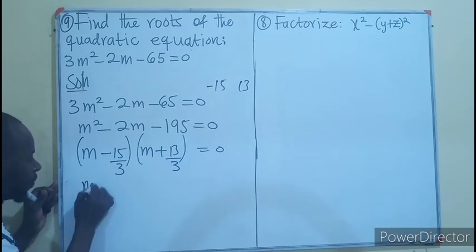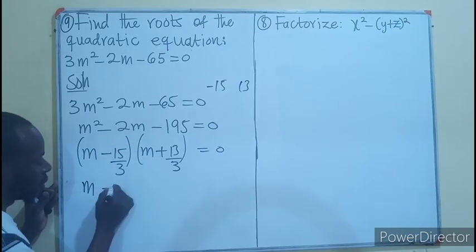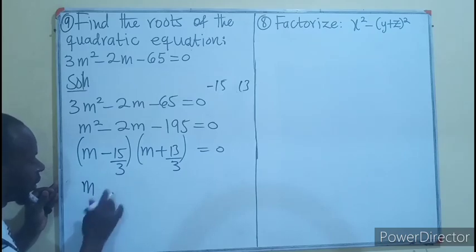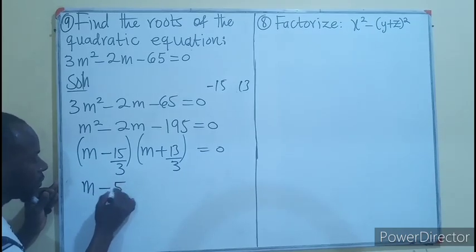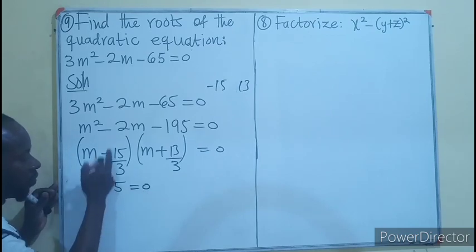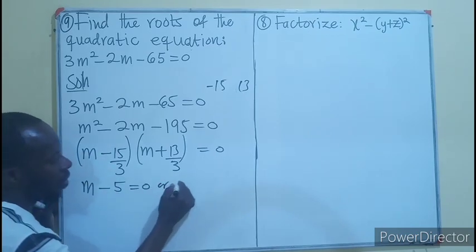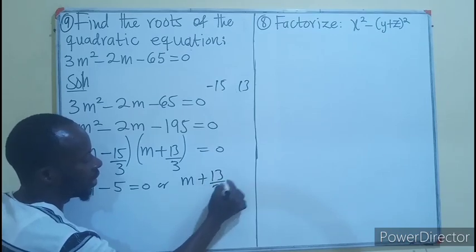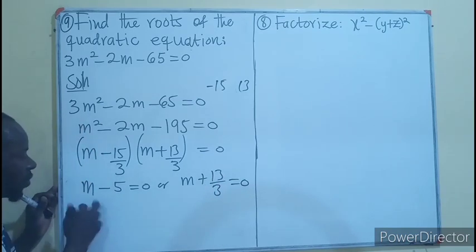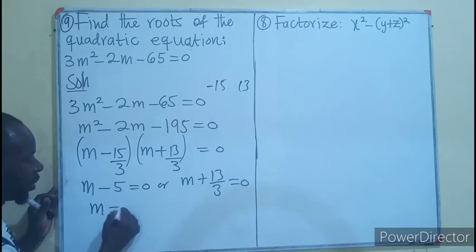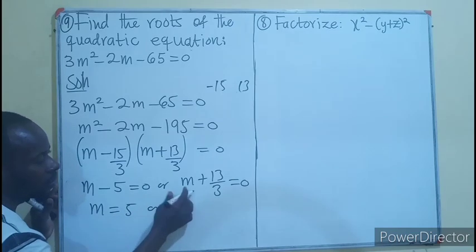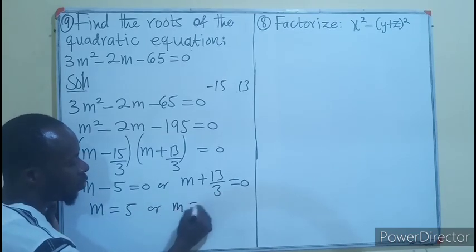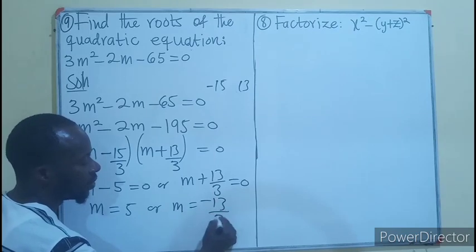So I'll be having m minus 5 equals 0, or m plus 13 over 3 equals 0. So right away, m will be equal to 5, or m will be equal to negative 13 over 3.